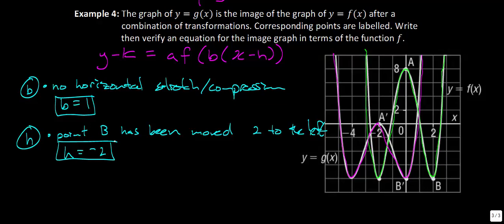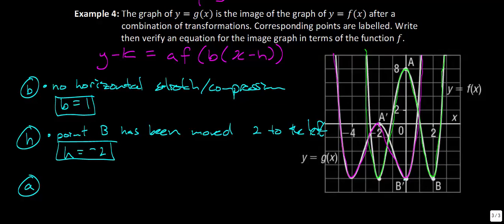Next, let's go and attack what's going on with our a value. Okay, so the easiest thing to take a look at with our a value is what type of distance did we have in our original function between a and b. So if you look at a, it's at a point at 8, and b is down here at negative 8 as well. So the distance between a and b, just vertically, was 16 units. And if you look at a prime to b prime, it is now 8 units.